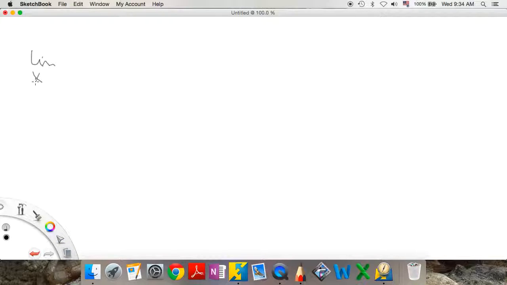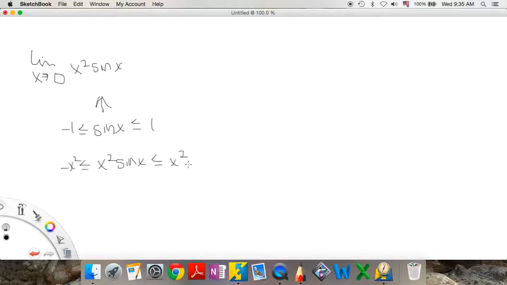Let me see if I've got time for one quick example here. The limit as x goes to 0 of x squared sine x. Well, we know that sine x is always between -1 and 1. So that means that x squared sine x is always between -x squared and +x squared.